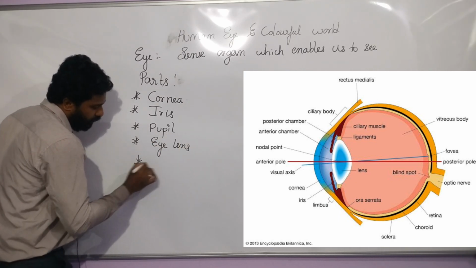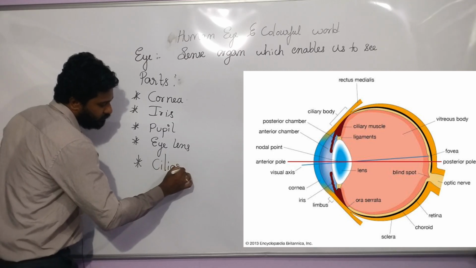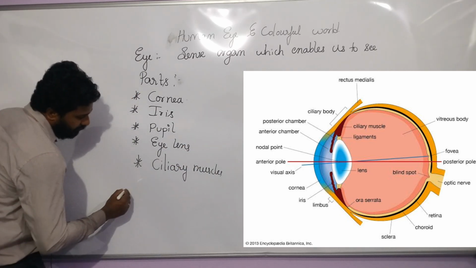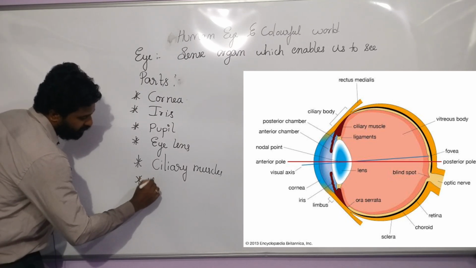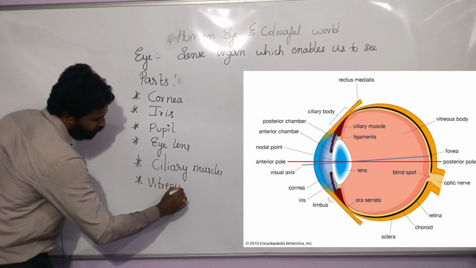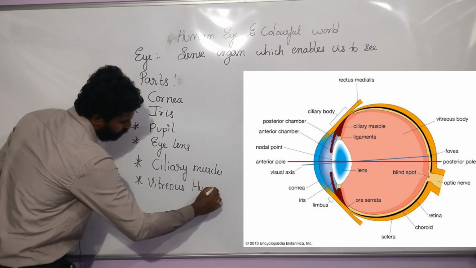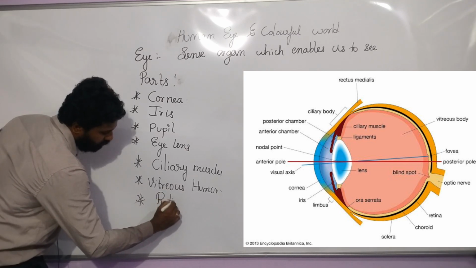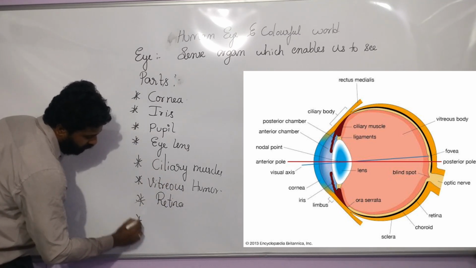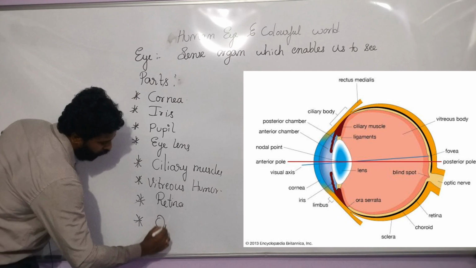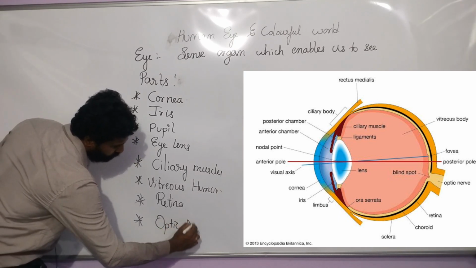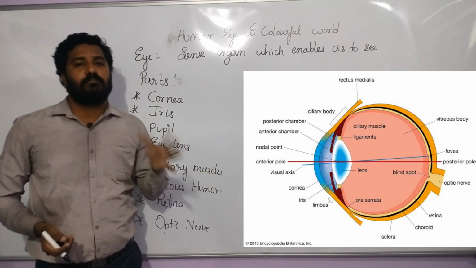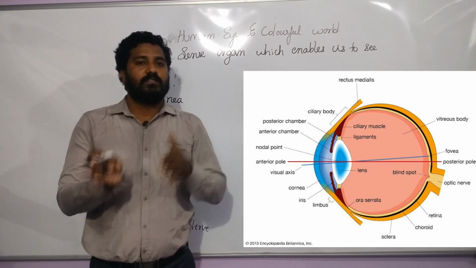The next one is ciliary muscles, after ciliary muscles we have vitreous humor, after vitreous humor we have retina, and after retina the last part of the eye is optic nerve. Let's explore all these parts and their functions.